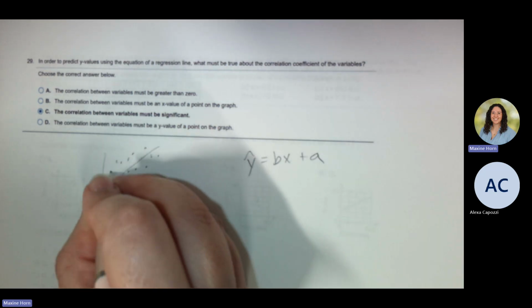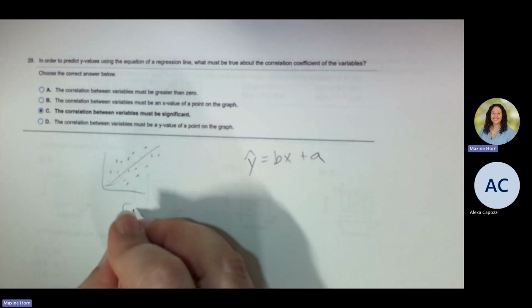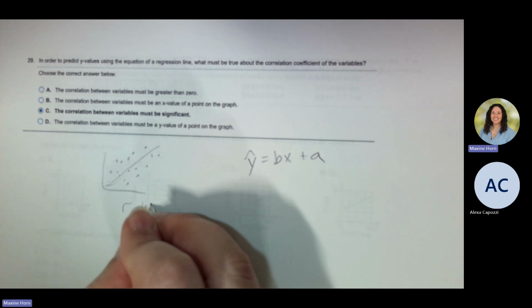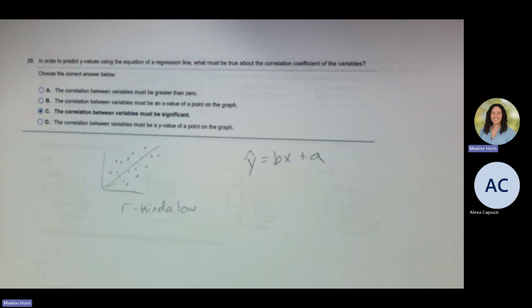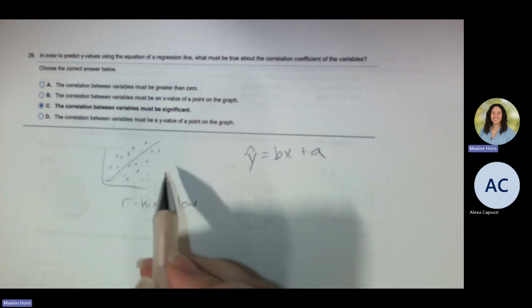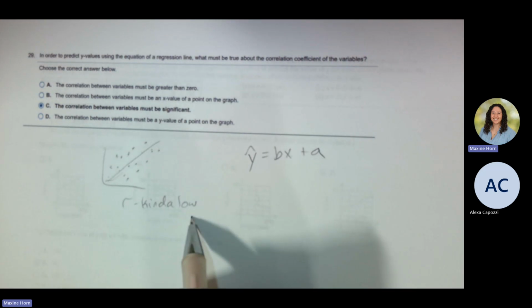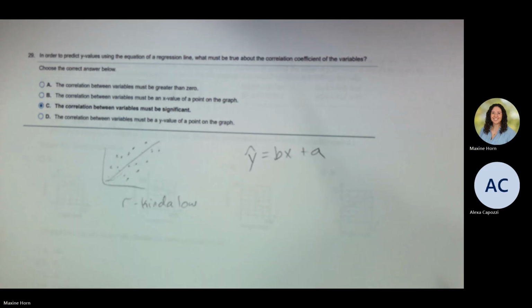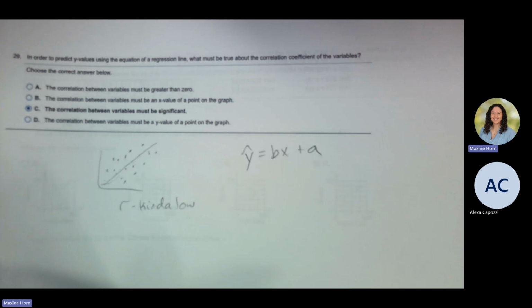I don't have a very strong correlation. So my R is going to be kind of low, right? Closer to 0 than to 1. So I can't really use this line to predict anything because there's not a strong enough correlation, right? So that's what they're trying to get you to remember here.